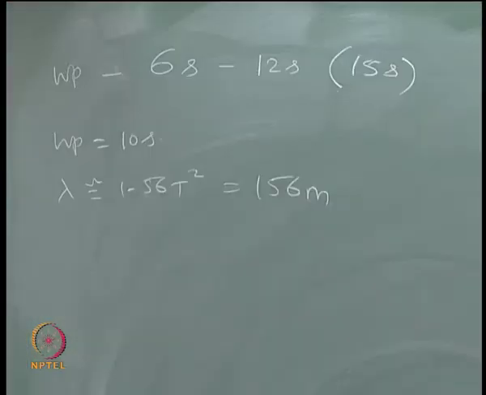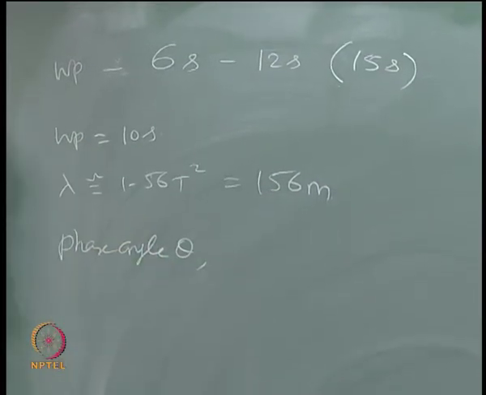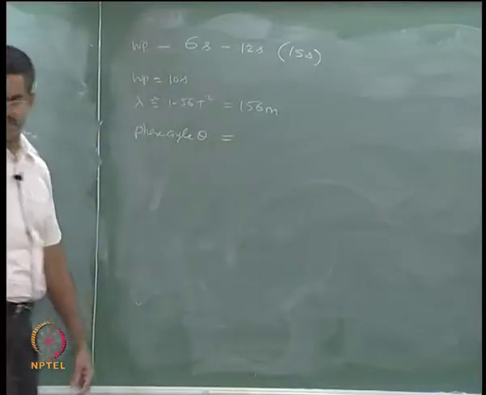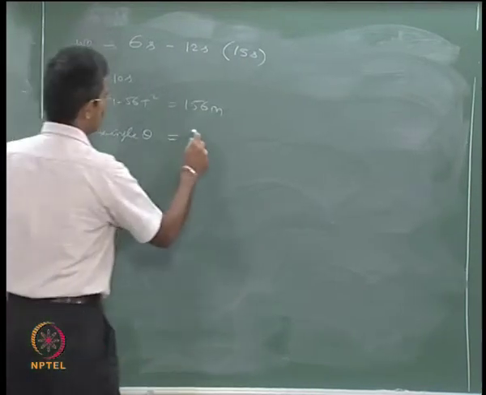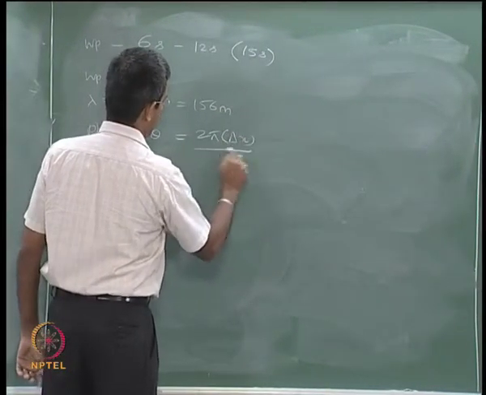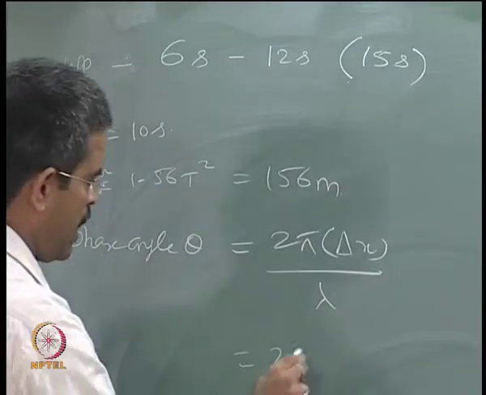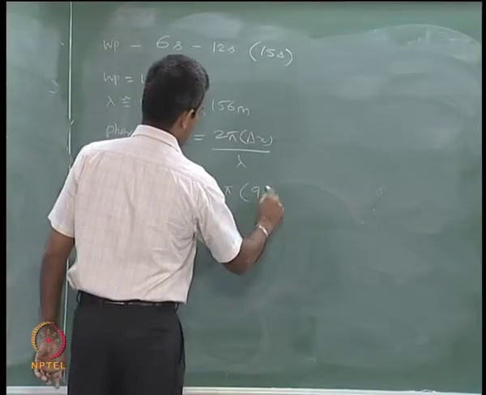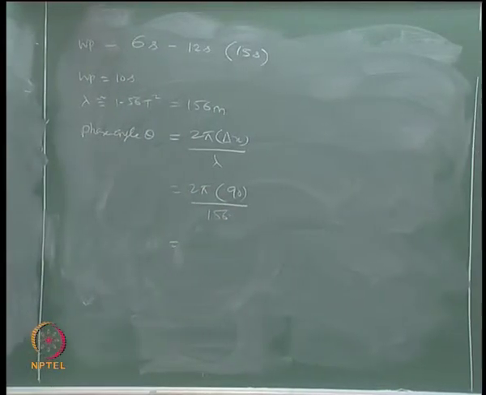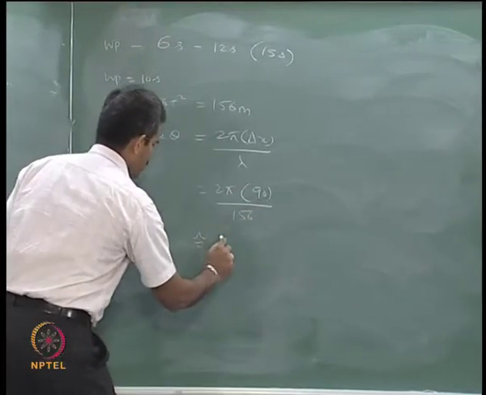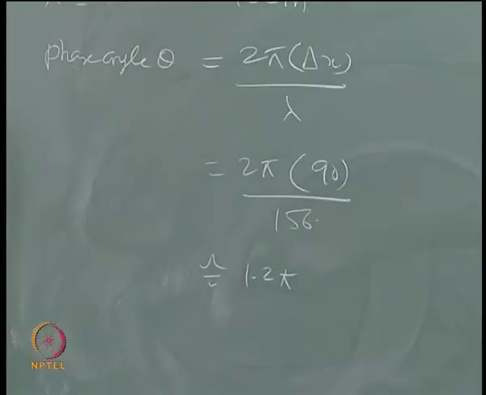Now the phase angle theta can be given by a simple equation, 2 pi delta x by lambda, which in my case is approximately 1.2 pi.